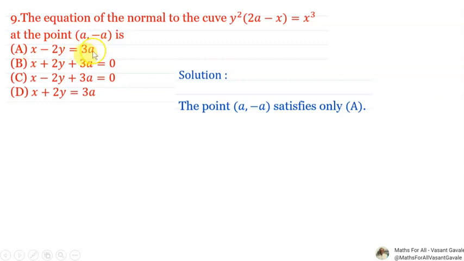What about here? It is not possible. If we substitute here, what will we get? This is 4a − 2a, not equal to 0. Okay, and hence the required answer is option A, x − 2y = 3a. This is the required equation of the normal. Okay, by observation you can do it. Next example. First option is the correct one.